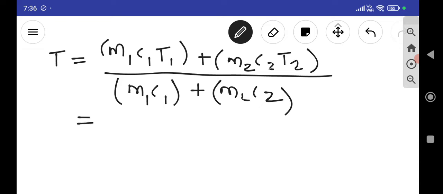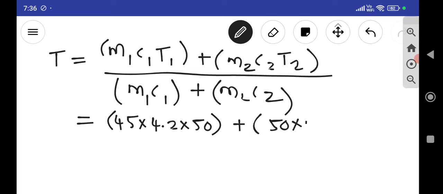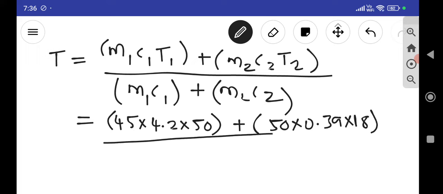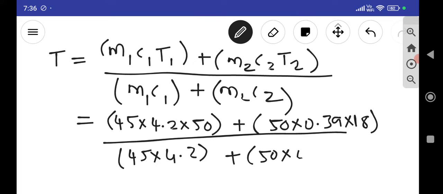That is equal to 45 into 4.2 into 50 plus 50 into 0.39 into 18 divided by 45 into 4.2 plus 50 into 0.39.